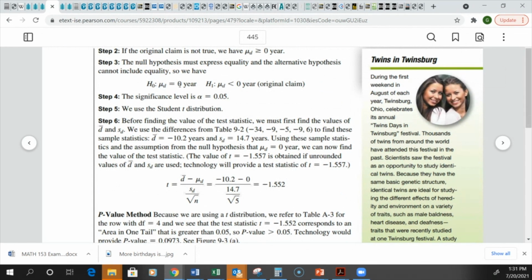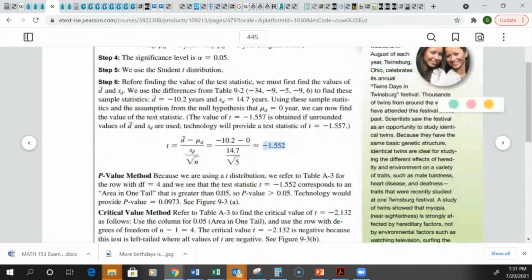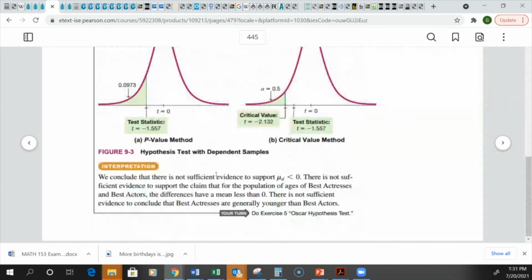The null hypothesis is there's not really any difference between the age of men and age of women. It's fair. And the original claim is no, the women are always younger than the men because nobody wants an old woman. Yeah, right. And they get this thing, and anyway, you can read it. You'll know what to do. You'll understand it.